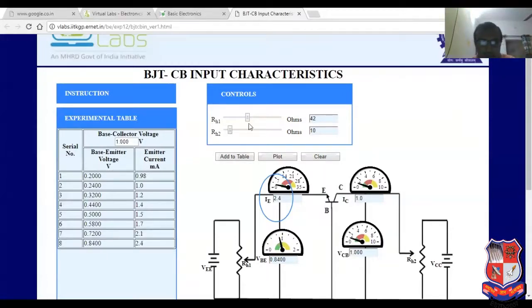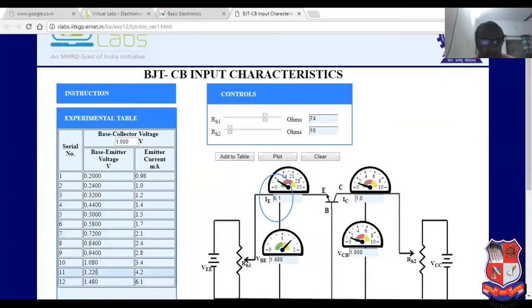See this, it changes drastically. See 2.8 to 2.4, just a change in millivolts, or a minor change. See this, 3.4 to 4.2. See this, 1.2 volts base to emitter.